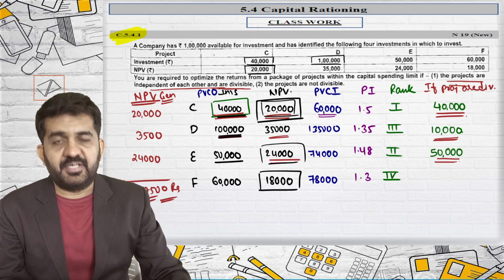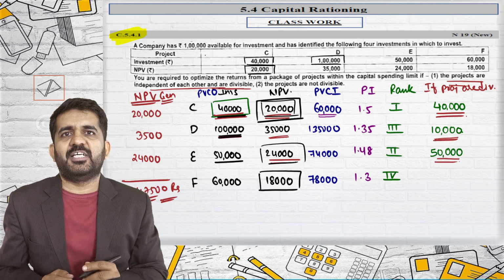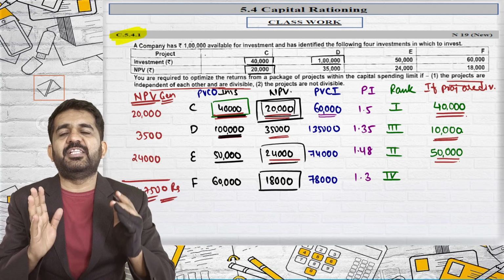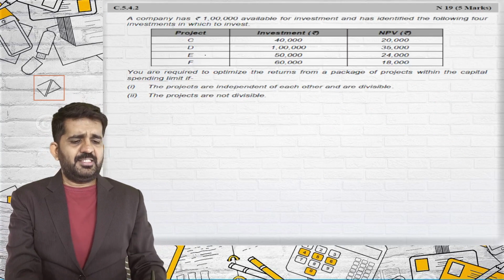If the projects are divisible, you will have to rank the projects by PI. If the projects are not divisible, you will have to see the various combinations and decide which projects to select. Let us revise once again.